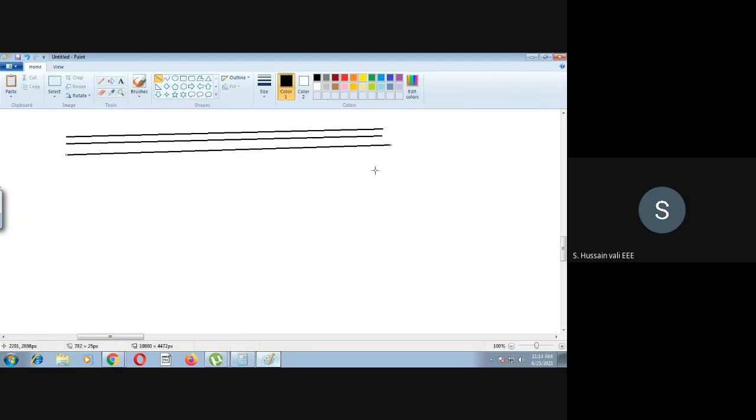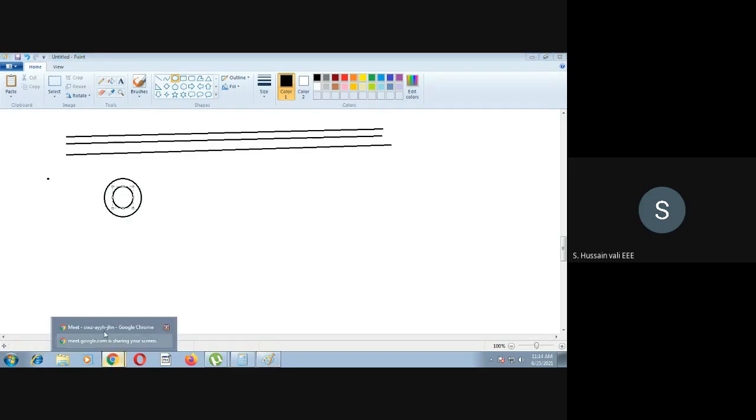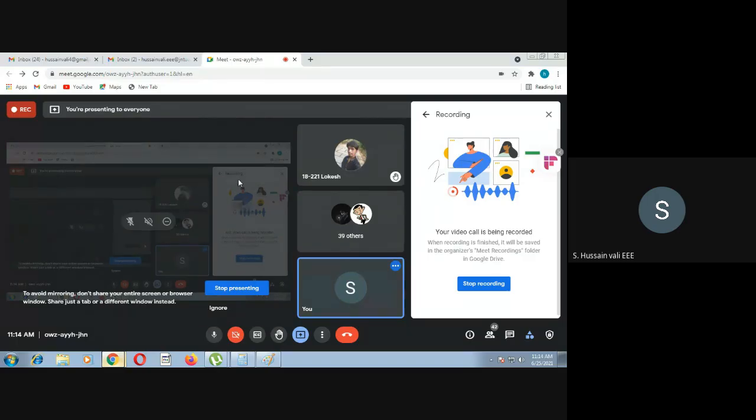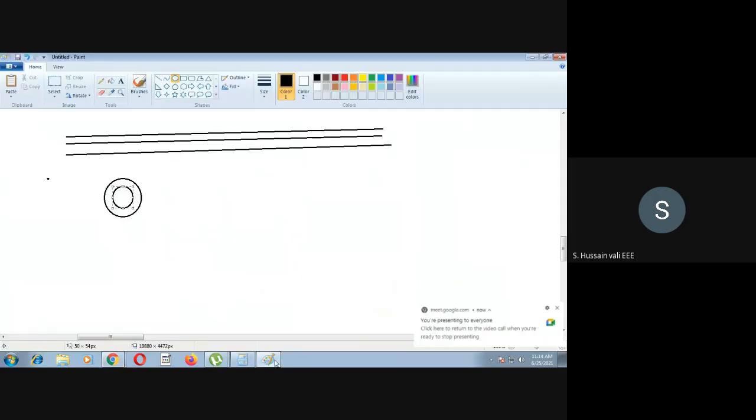Other than these full converters, we will use cycloconverters, because you remember what a cycloconverter does. Then you have the rotor. The rotor terminals are there, three terminals of the rotor.